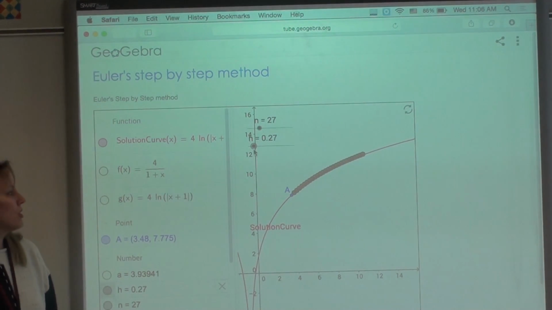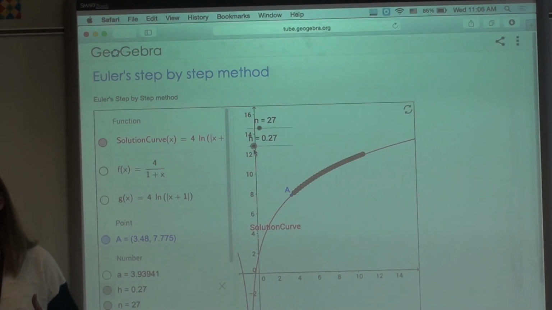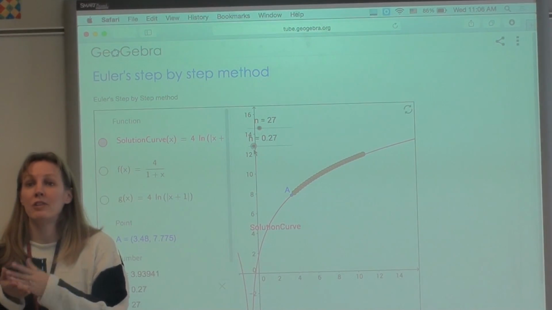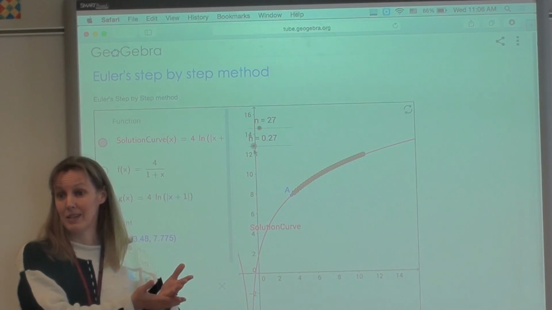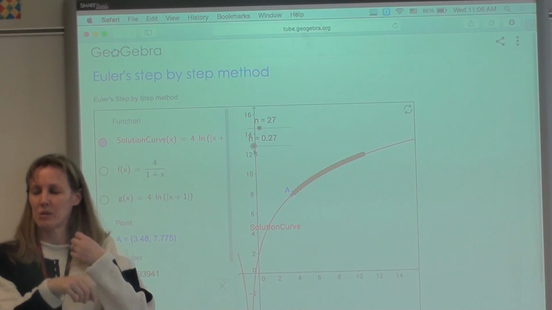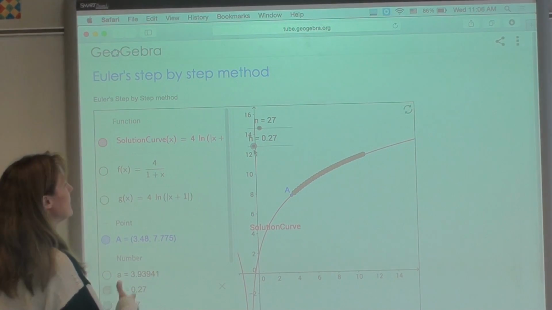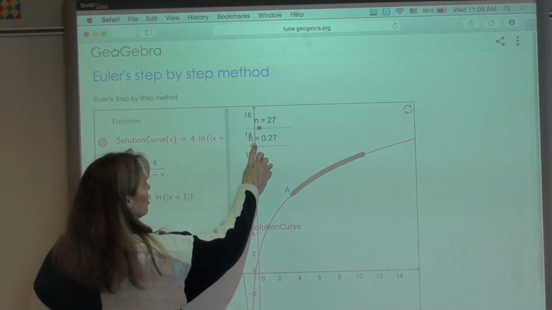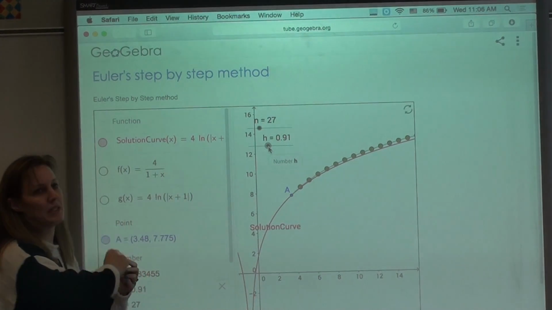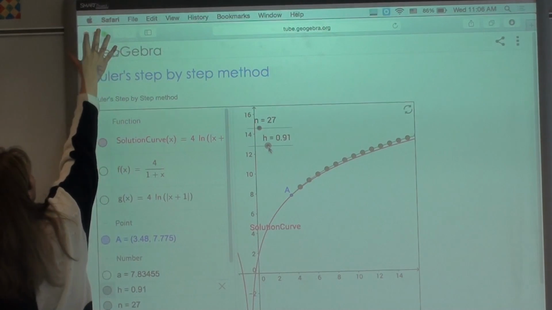But the problem with the h's being closer together is the decimals get uglier. If your delta x is 1 and you're just plugging in integers, life is easy. But when your delta x is 0.2, then the decimals get finicky. But you get a more accurate solution. So that's basically what we're doing today: finding the values of these dots, which closely follow the actual solution curve.